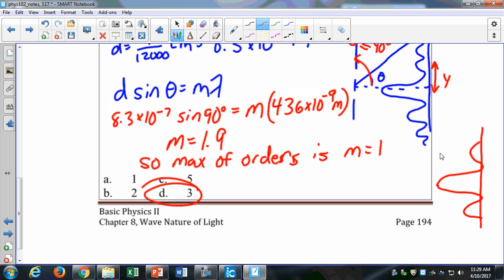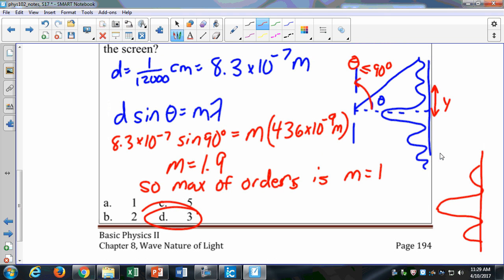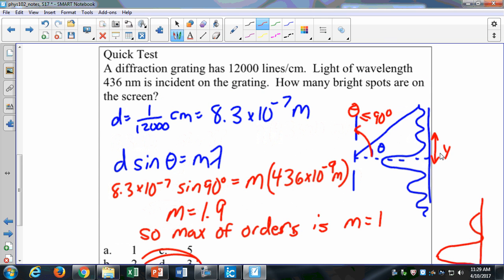Yeah, Brittany? Okay, all right, so it's an important point. Let me make sure I recap. You have to read the question carefully here. So it says how many bright spots are on the screen. So we calculated the maximum order number. Using theta equal 90 degrees, I find that the maximum order number is 1.9. But I round this down to the nearest integer because theta can't exceed 90 degrees. So my order number is not going to go to 2. The angle would have to be greater than 90 degrees for this to be 2. So I round it down to 1.